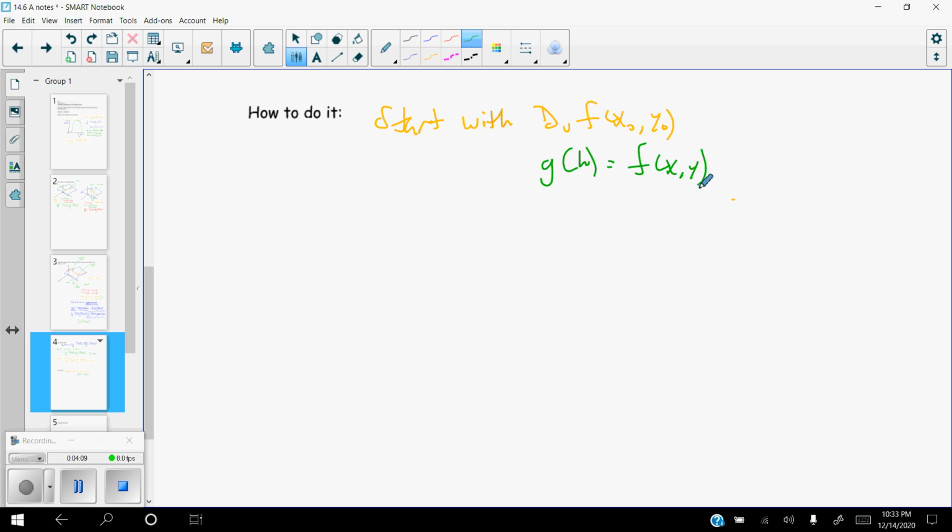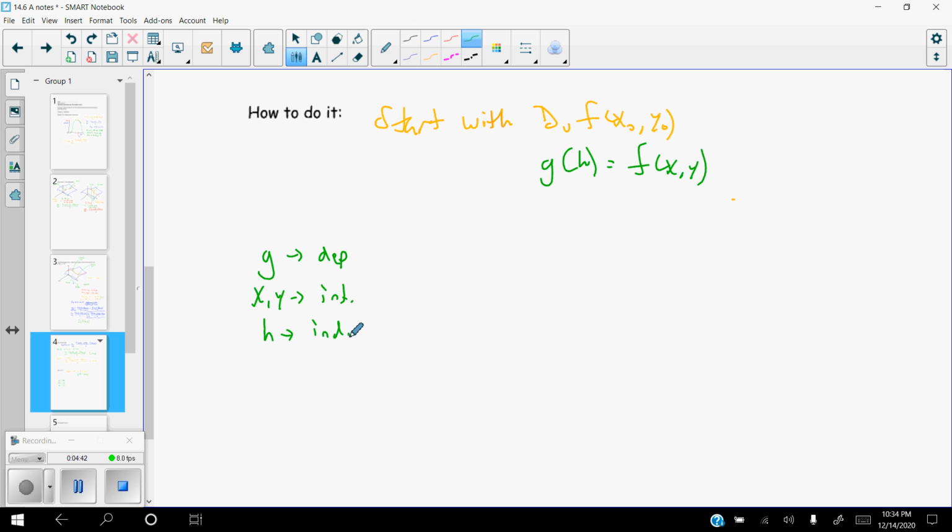So in this case, because of the way that's defined, g is our dependent variable. g is dependent. x and y here are going to be our intermediate variables, and that's going to be where your point is, and h is going to be independent.